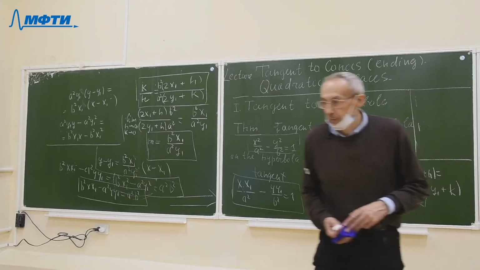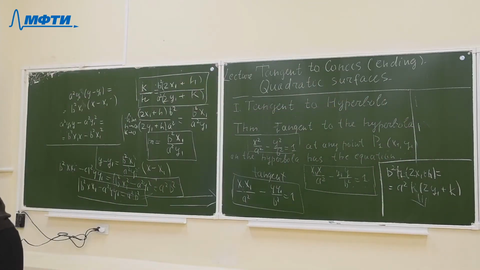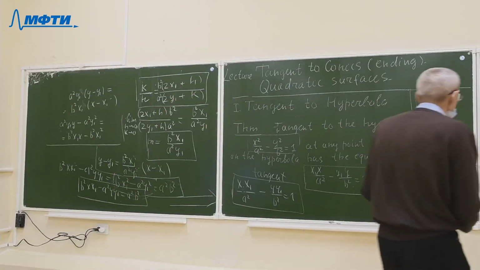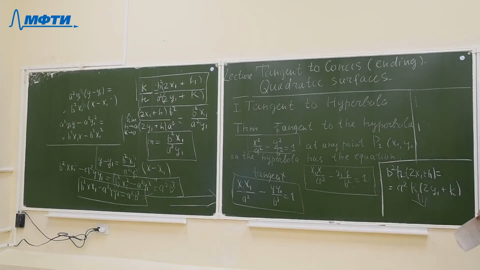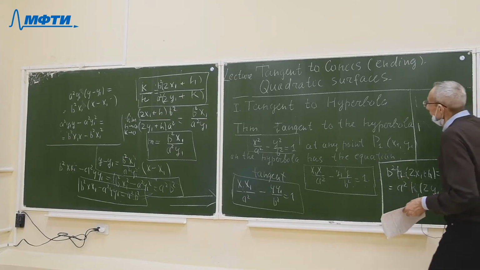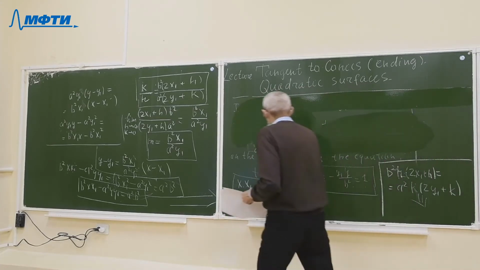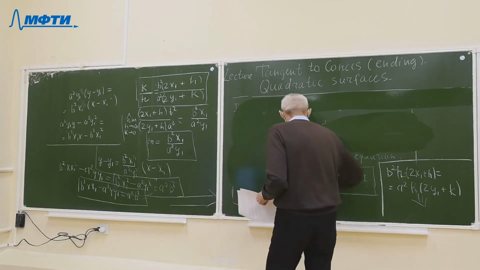Okay, let's maybe consider some first example. Let's consider one more assertion about the tangent straight line.